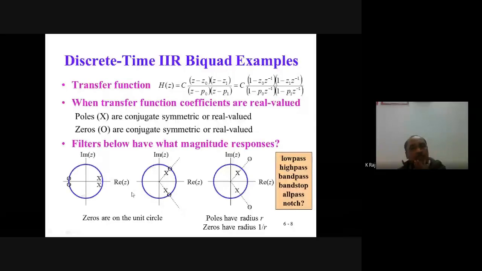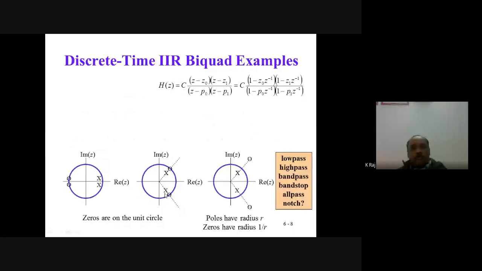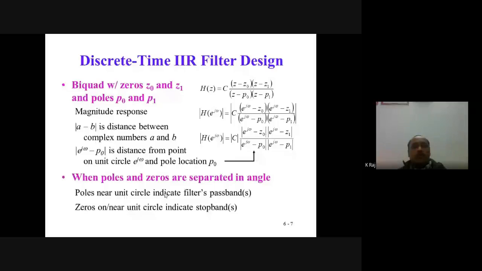Here the zeros are on the unit circle, and as we have described, we have to calculate the distances between the two numbers a and b.